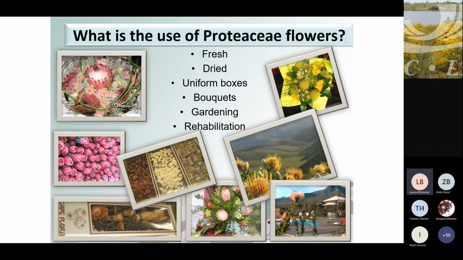It's been sold as uniform boxes packed tightly, or as a bouquet in the flower shops where you will see them usually. You can use them in gardening. They're quite popular as water-wise indigenous flowers, garden specimens. You can also use to rehabilitate natural fields that's been disturbed for some reason.